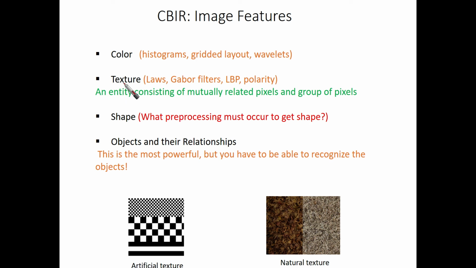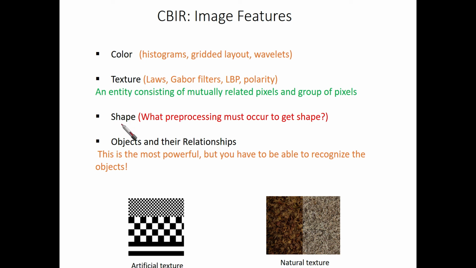What is the texture? The texture is basically how some pixels are closely related, right? A group of pixels that have some similar characteristics or changing patterns. For example, this one is natural texture, right? And this is artificial texture. So this texture itself also might be your image feature.